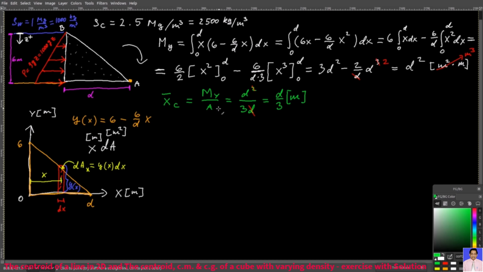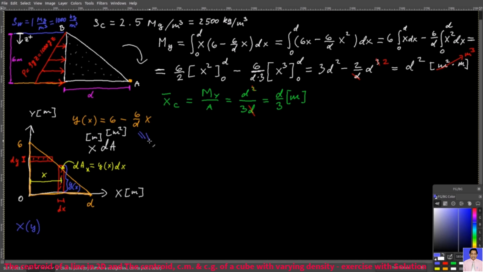Now we have to find y bar c. For that we have to integrate in the y direction. So I have a differential element here, and then right here I have dy. And now if this is my y as a function of x, then what I need is x as a function of y. So you have to take the inverse of this function.